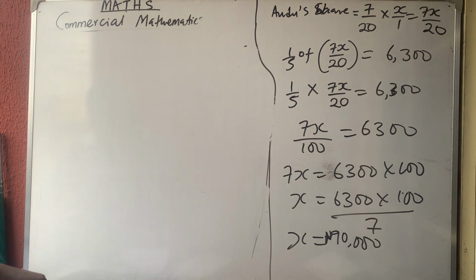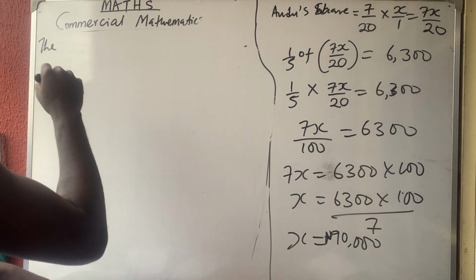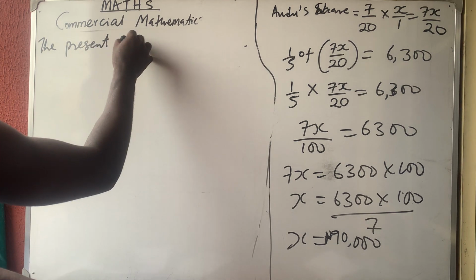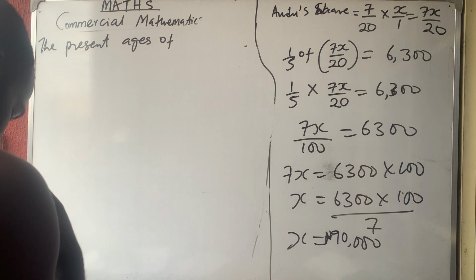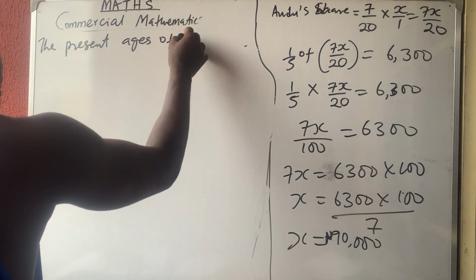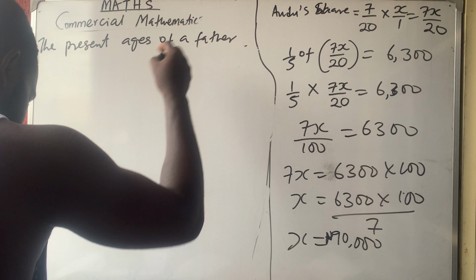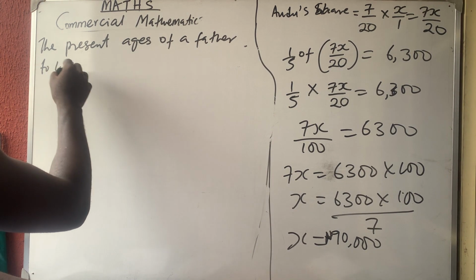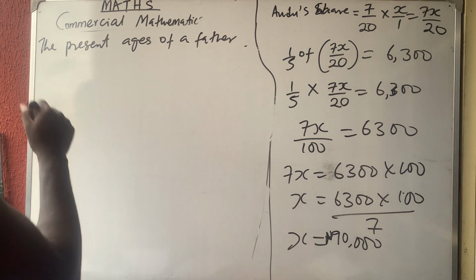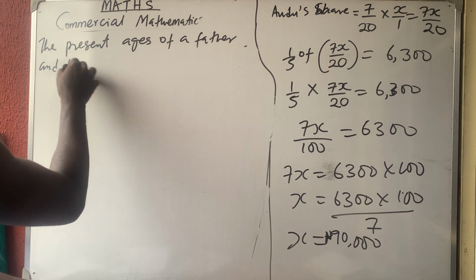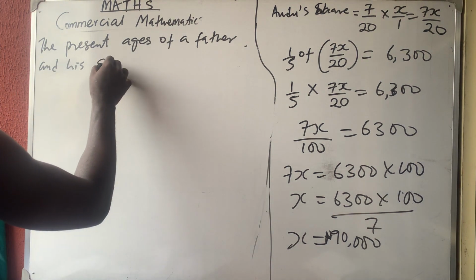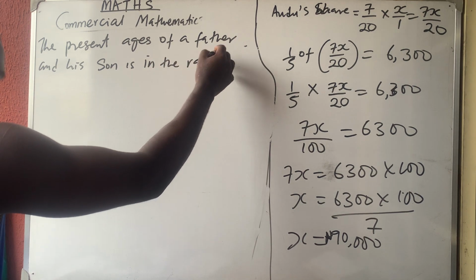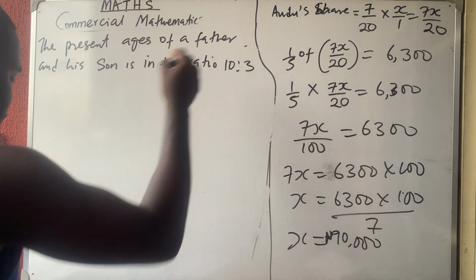Right? So the next one said the present ages of a father to his son. Okay, the present ages of his father and his son is in the ratio 10:3.